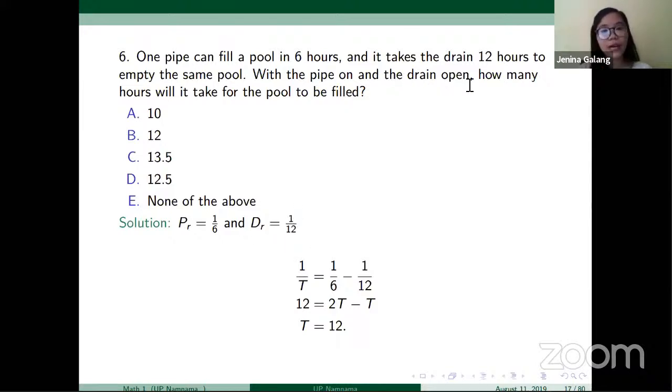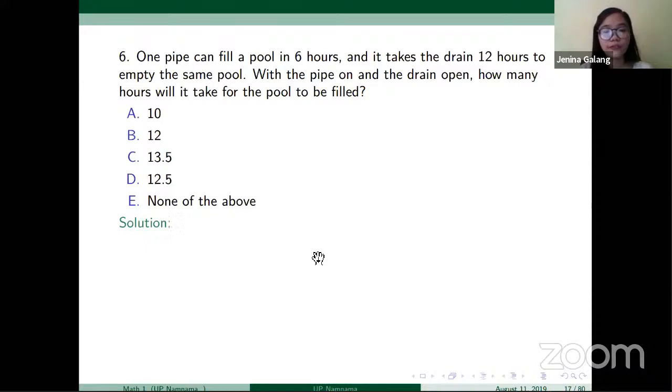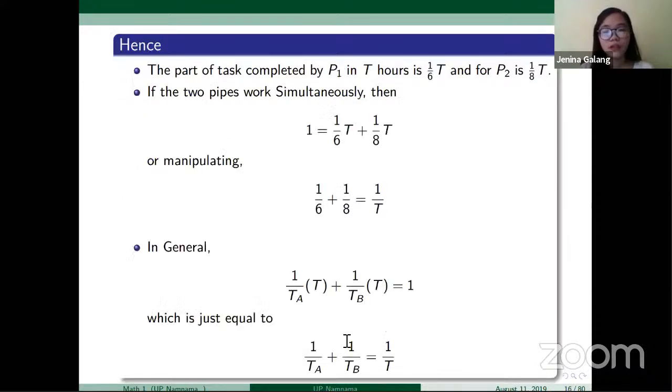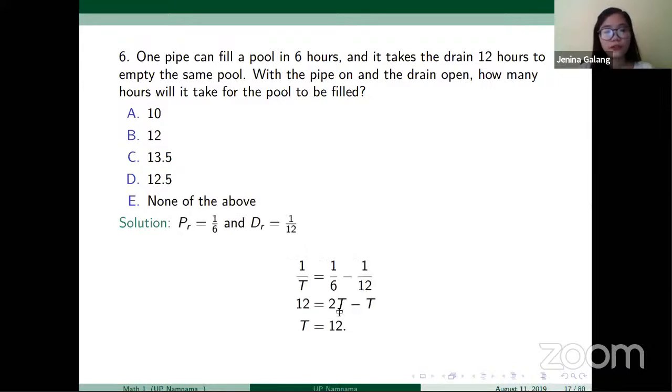So with the pipe on and the drain open, how many hours will it take for the pool to be filled? So using our formula here, 1/t is equal to 1/6 less 1/12. Minus natin yung 1/12 since hindi naman siya nakakatulong sa pagpuno ng pool.